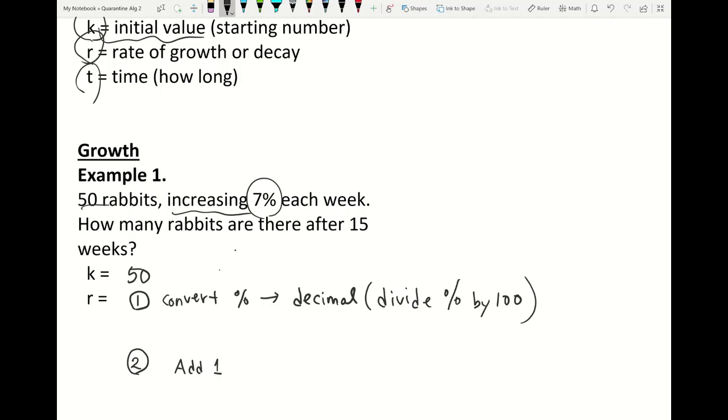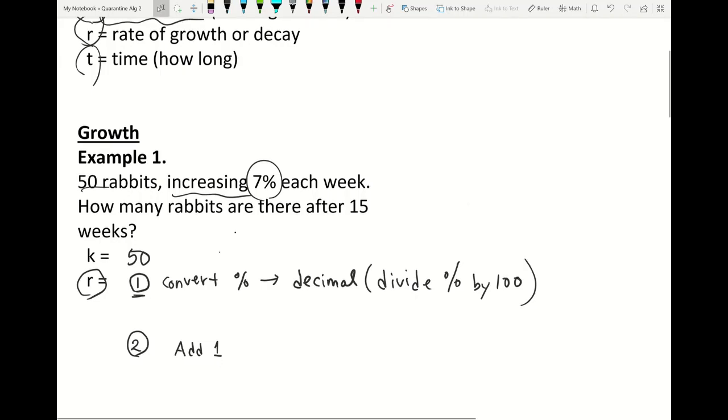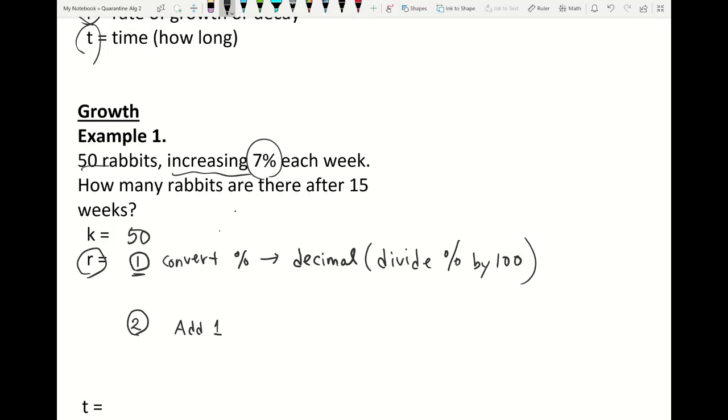Now, in order to figure out what r is going to be, we have to do 2 things. First one is, right here, we need to convert percent to decimal. We cannot just be using straight percentage. So in order to do that, we are going to divide percentage by 100 because 7% means it's 7 out of 100, isn't it?